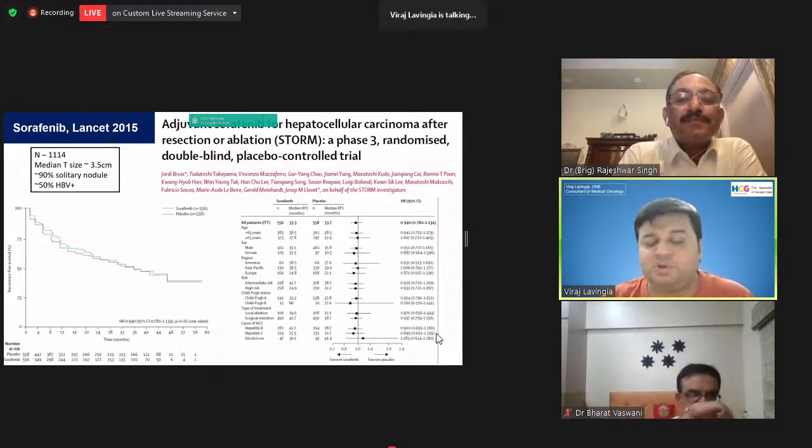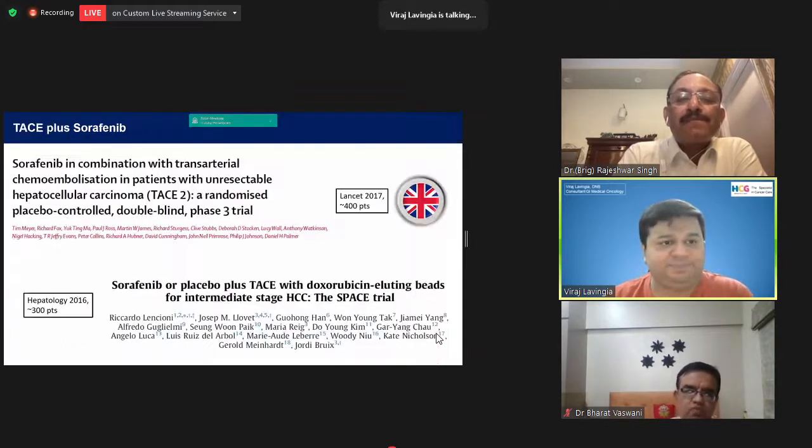Also, there was no subgroup which benefited more. About 25% of cases were whites, Americans and Europeans. Neither they benefited nor the Asians benefited. None of the Child-Pugh groups benefited. So essentially, after this study, sorafenib was dead in the adjuvant space.